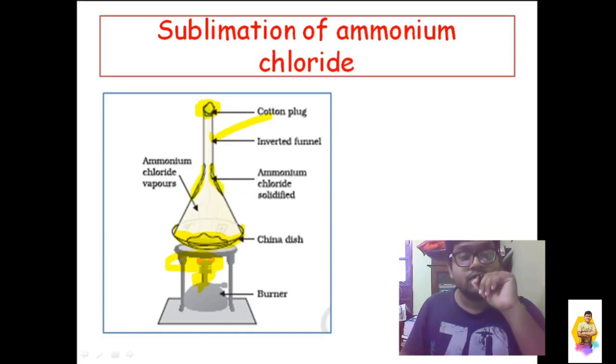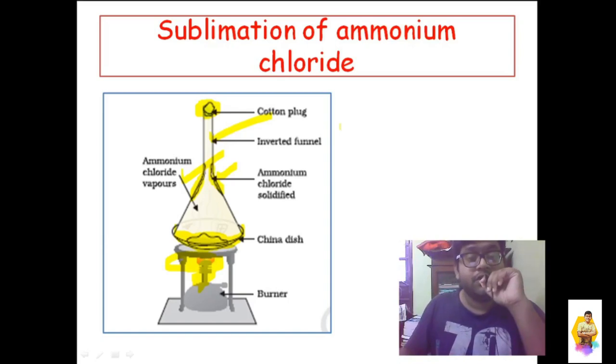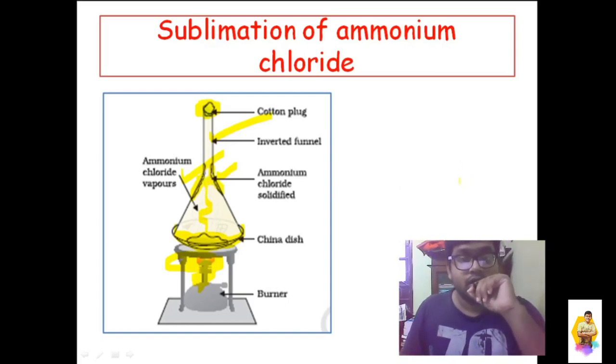So these things that you are watching are nothing but solid ammonium chloride, which has been converted back into solid. This was the solid ammonium chloride. It has converted into gas, and when it reaches there, it cools down and settles there as a solid. By this we can prove the sublimation property of ammonium chloride.